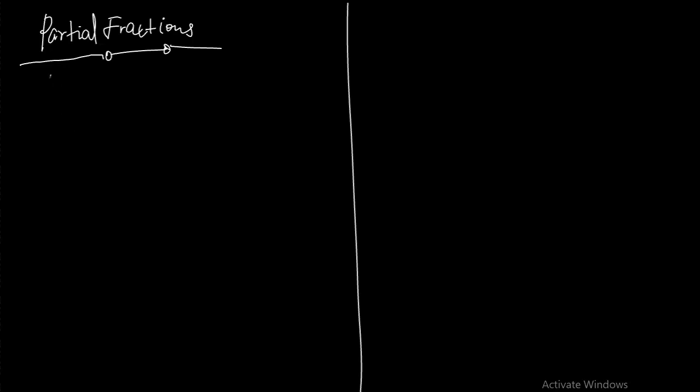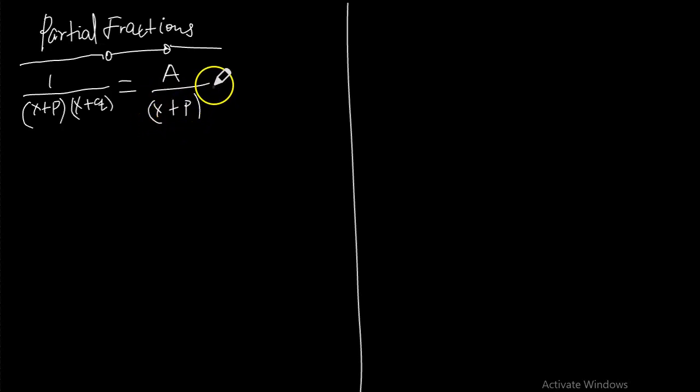So if I have 1 divided by x plus p and also x plus q, this will be equal to a over x plus p, and then b over x plus q. So this is the first type of partial fractions.